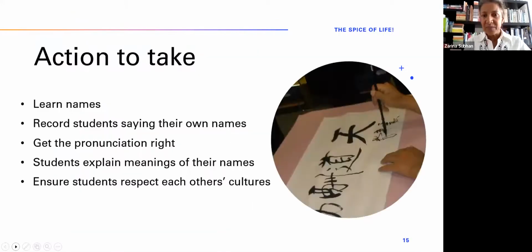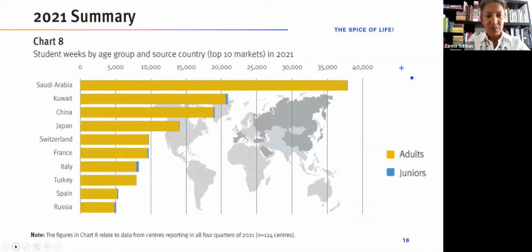Now, I think it was Neil who pointed out that during the pandemic, things changed. Siobhan very kindly sent me this from the UK First Executive Summary. And as you can see, in 2021, during the pandemic, Saudi Arabia was the most represented source of students for UK First schools.